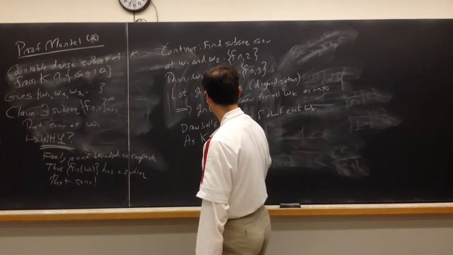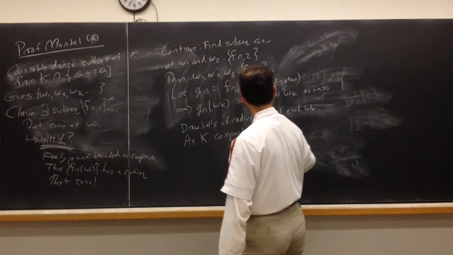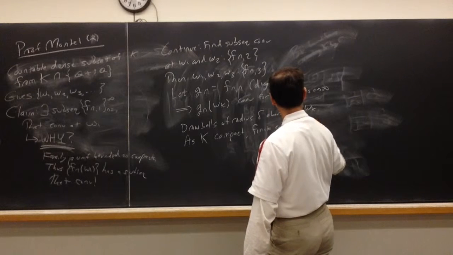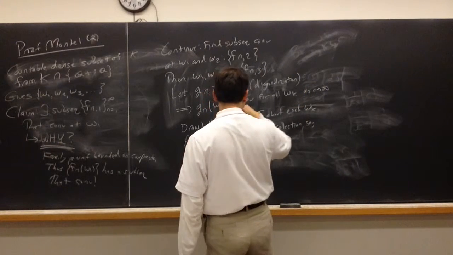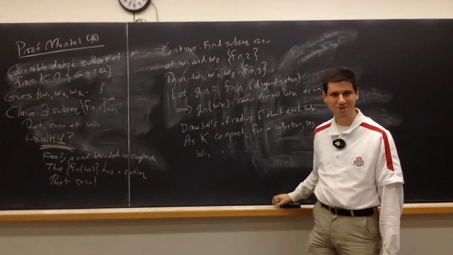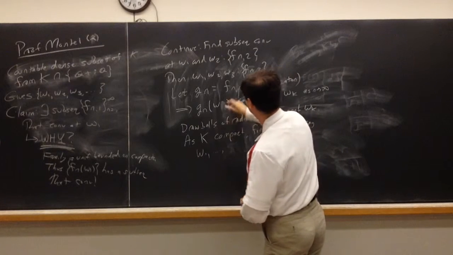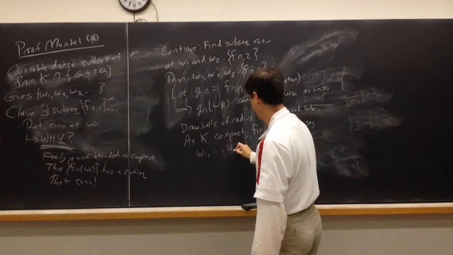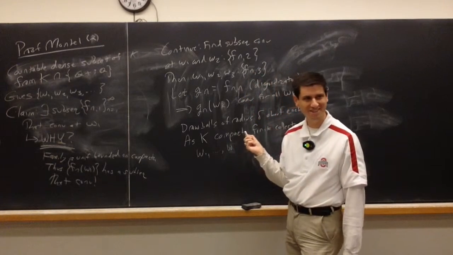As K is compact, there is a finite collection, say, we relabel W1. Oh, K is a really bad notation because K could be confused with the other K. Finite collection. I don't know if I want to use a capital F for finite.